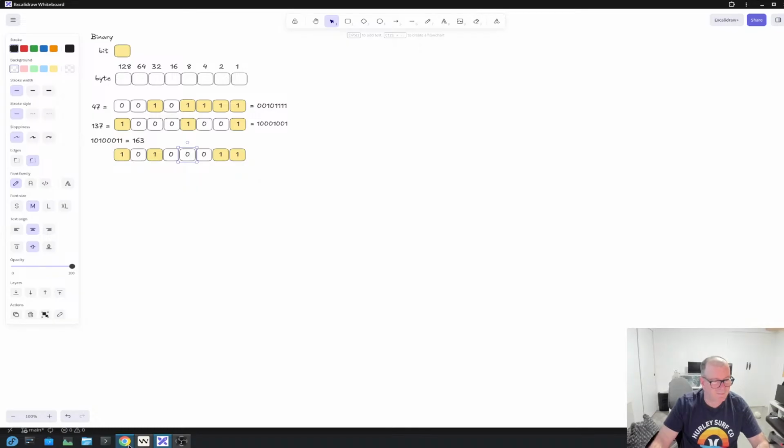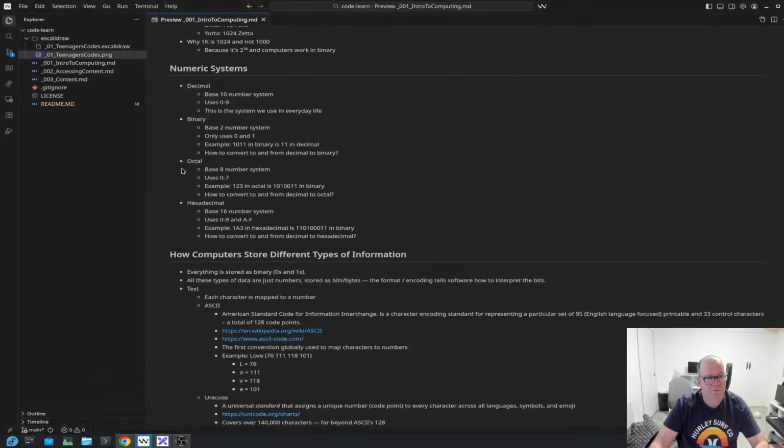With the same idea, we'll learn about two other common numeric systems, octal and hexadecimal. Octal is because we only use 8 digits, 0 to 7. Hexadecimal is because we use 16 digits, 0 to 9, A to F. This is common because we can compress information, and I'm going to keep this example there so you can see it.